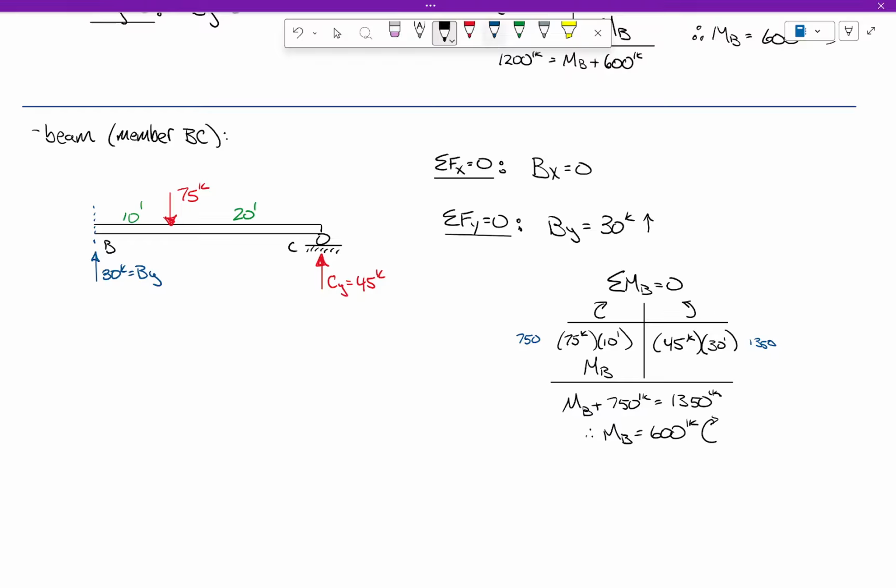So, as for constructing the shear and moment diagrams, I'm hoping this is a basic enterprise.